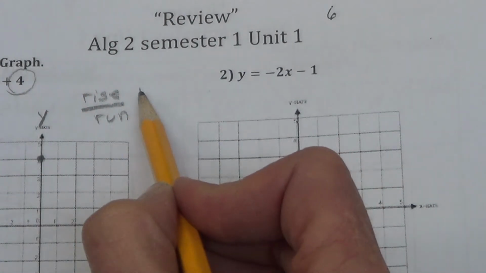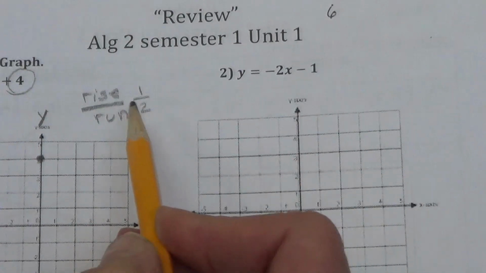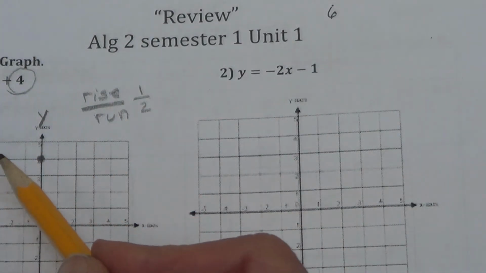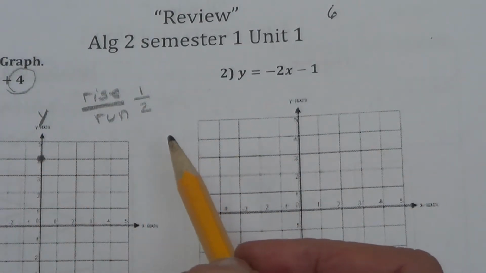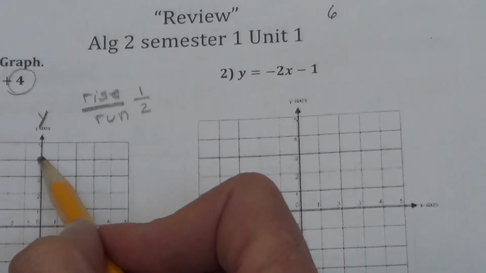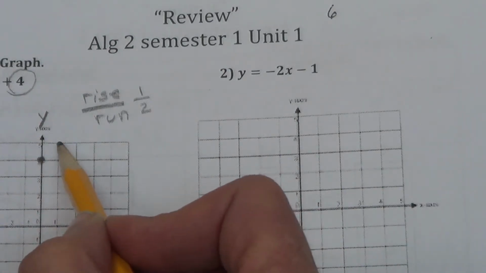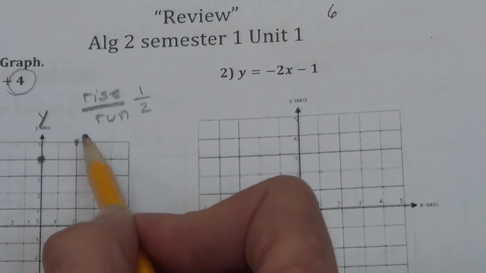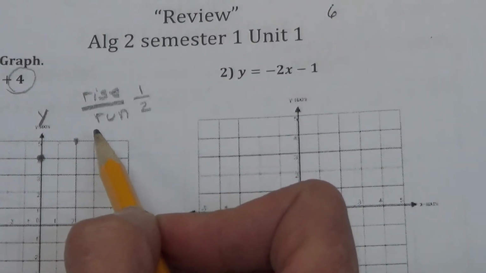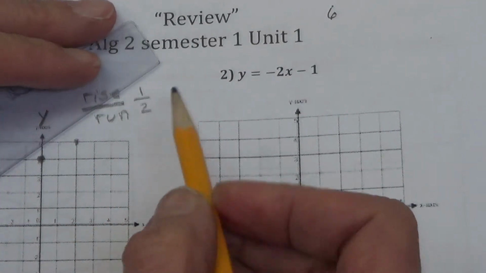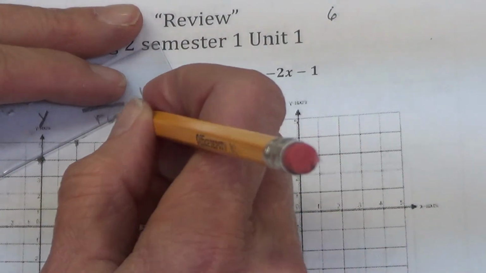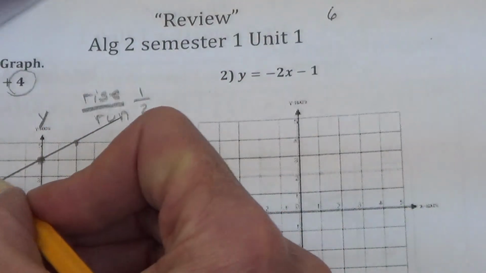So it rises 1 and runs 2. If it's negative, it'll run to the left. If it's positive, it runs to the right. This happens to be positive, so we rise 1, run 2, and then I forgot to grab a ruler, so I'll just use this as a straight edge. That is your line.